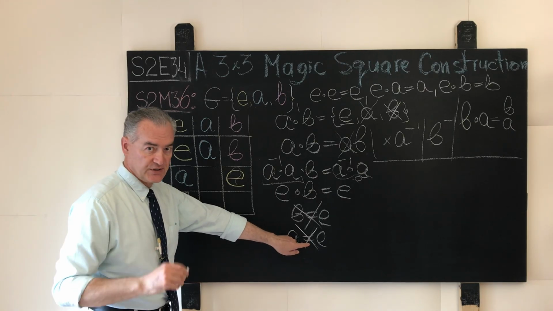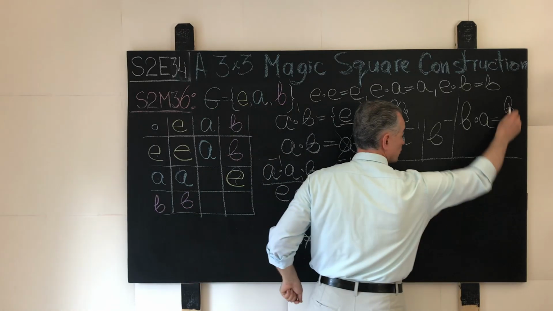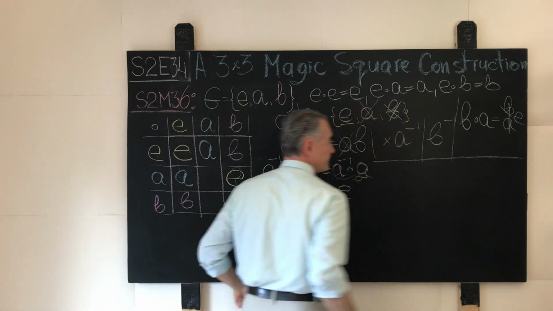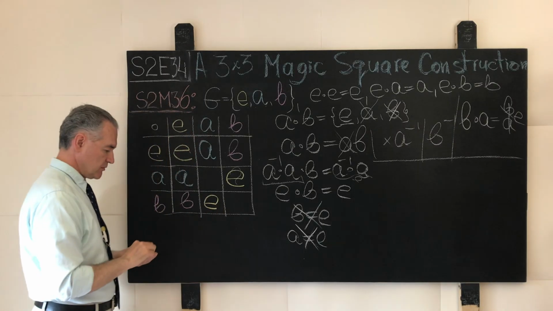This is absurd. Every element in the group is distinct. This is not possible, so the only choice is the identity element. There we go, the identity element E.